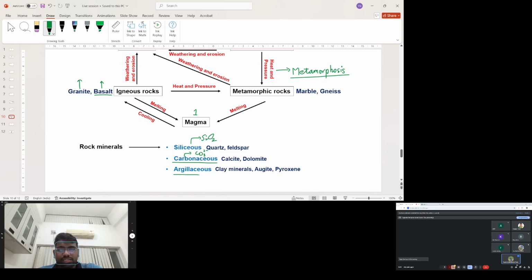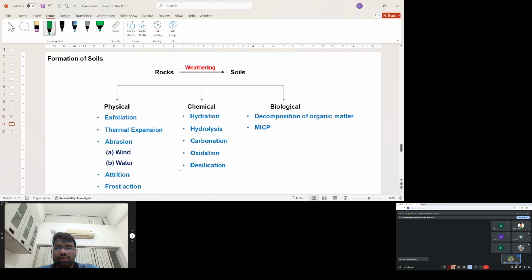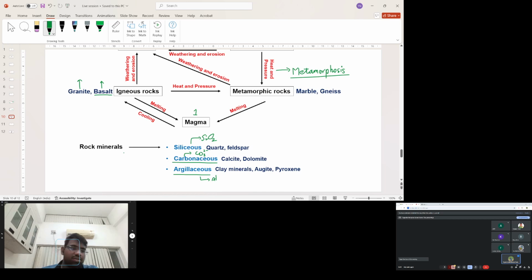The argillaceous are those which contain aluminium and silica, aluminosilicates. Those are essentially argillaceous rocks, which are clay minerals, pyroxene and feldspar and everything. So this is the fundamentals of rock minerals.